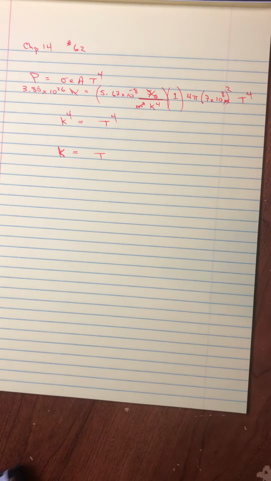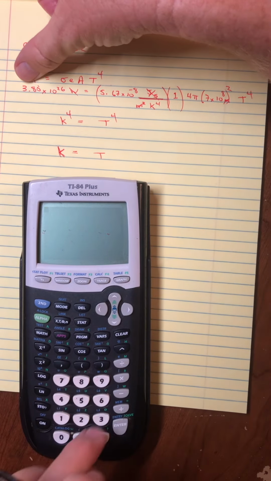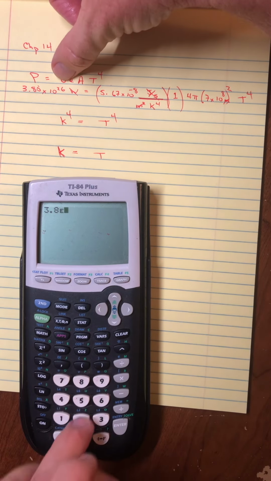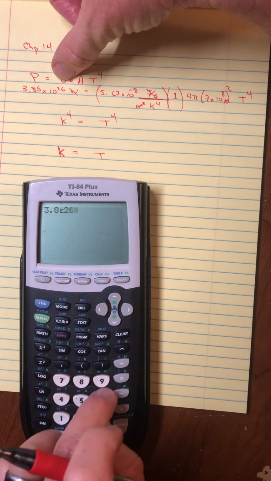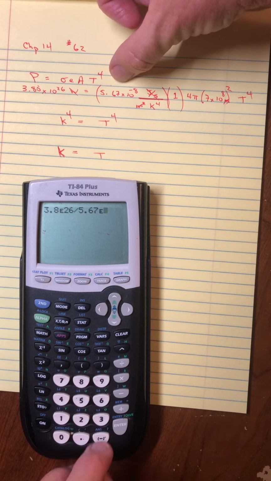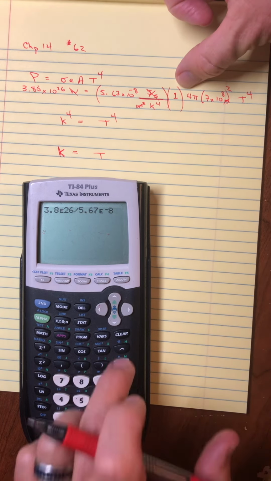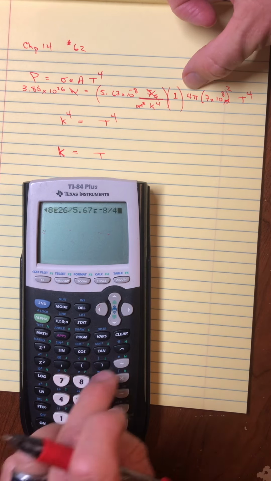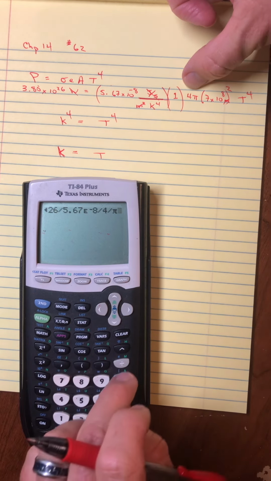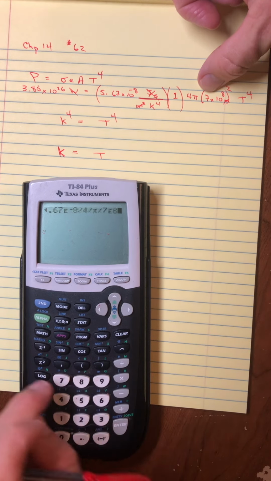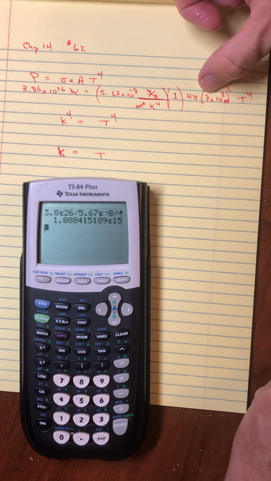Now, in terms of numbers, let's take this 3.8 times 10 to the 26th. Let's divide it by 5.67 times 10 to the negative 8. Let's also divide that by a 4, and also divide it by a pi, and also divide it by 7 times 10 to the 8th squared.